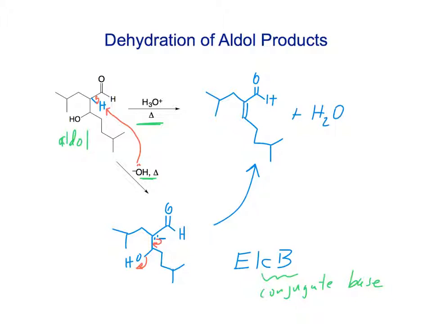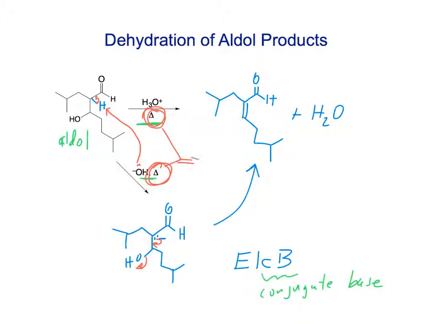But in other cases, it's harder to say. So we're going to use a trigger in our reaction here: if we're adding heat, that's going to be enough to drive the reaction forward to do the dehydration.